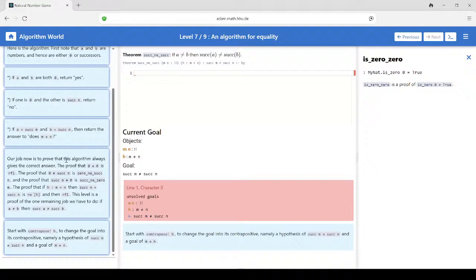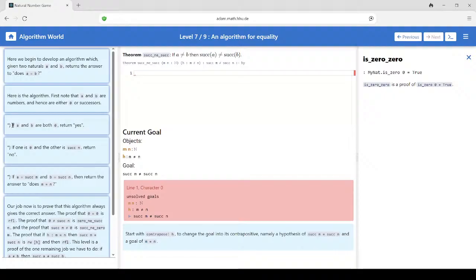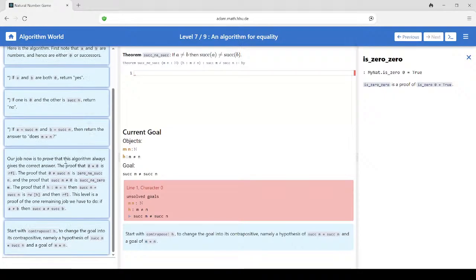Our job now is to prove that this algorithm always gives the correct answer. The proof that 0 equals 0 is RFL, reflect. Right, that's the first one. If A and B are both 0, then return yes.